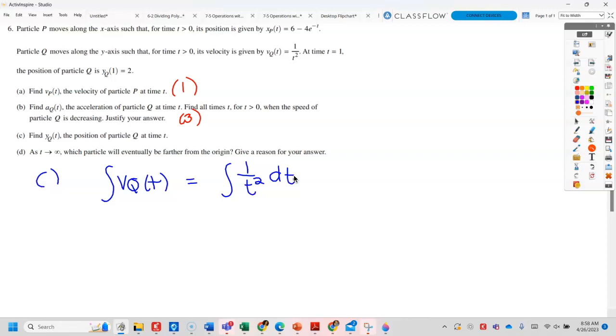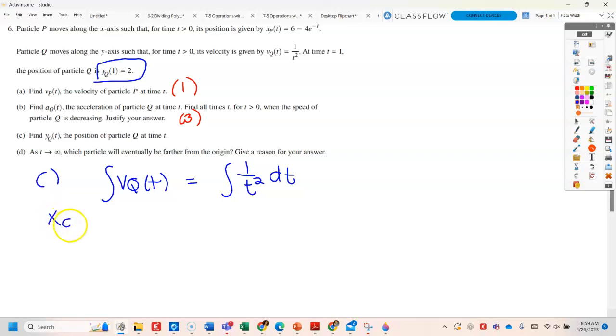What do we know about our problem at all? We know that at time t equals 1, the position is 2. So if I want to find the position of the particle in general, but I have an initial condition, I still need the fundamental theorem of calc.